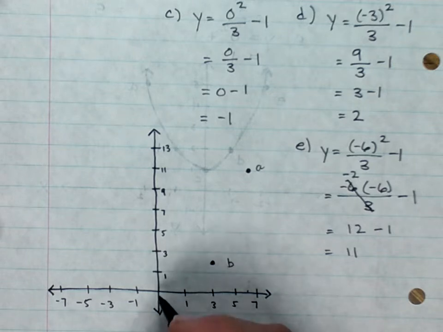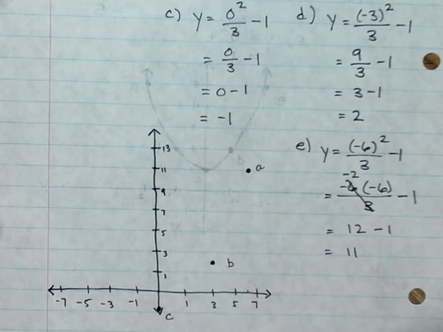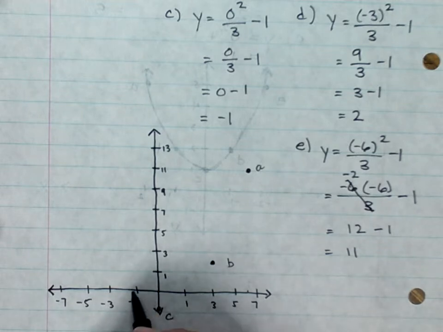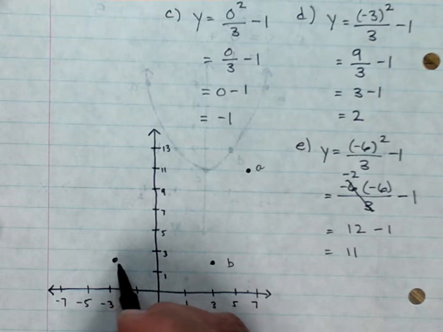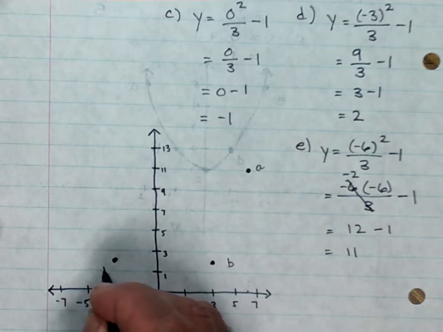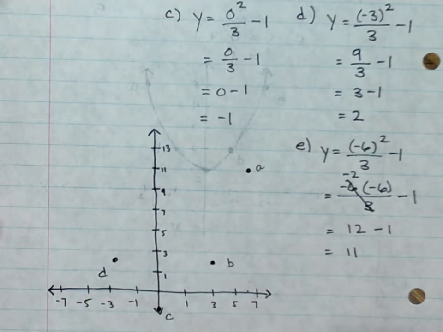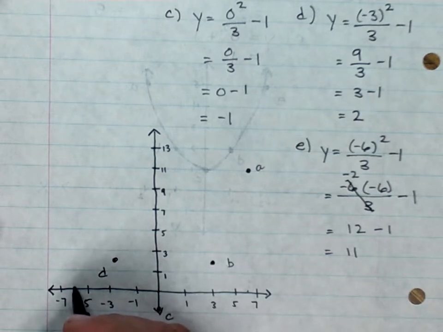Zero, negative 1. 0, negative 1 would be actually right here at the line. I should have dropped it a little bit farther, but it'll be okay. Negative 3, positive 2. And then finally, negative 6, 11.